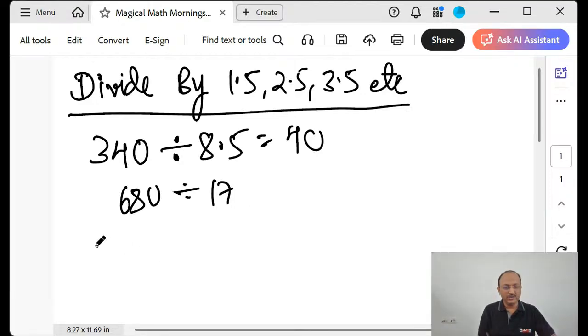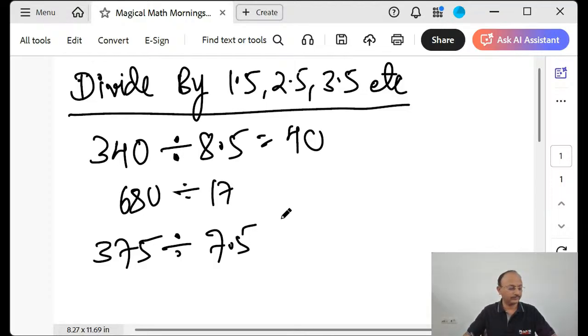Let's take 375 divided by 7.5. 375 divided by 7.5.